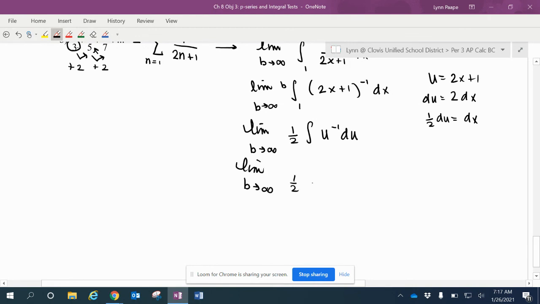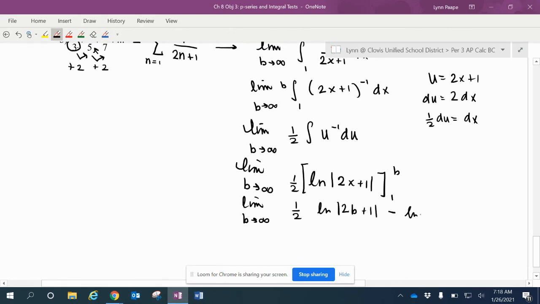The integral of u to the negative 1 is natural log of u, but u was 2x plus 1. And then I'm going to put those limits back on, so from 1 to b. And then let's substitute in my upper and lower limits. And then minus, substitute in your lower limit, 2 plus 1. And let me group that out, because that 1/2 is for both.